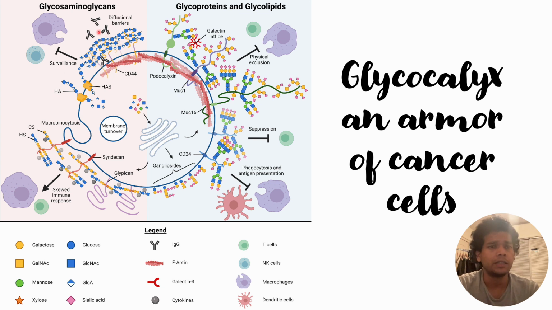It will prevent the diffusion of antibodies or surveillance cells to come and interact with the antigens present on the tumor cell surface. For example, CD44 is shielded by this extended glycosylation barrier. So I hope you have understood how this glycocalyx acts as an armor for the cancer cells.